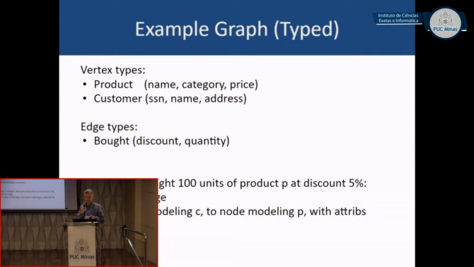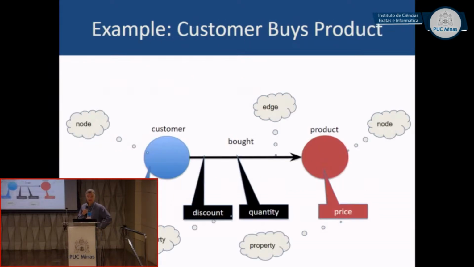So the fact that customer C bought 100 units of product P at discount 5% would be modeled by an edge going from the node that models customer C to the node that models product P, and carrying the data. Since this is graph data, it's easily depicted. The blobs here would be the nodes, the arrow is the edge, and these rectangular callouts would be the attributes, the properties that we attach to both vertices and edges.